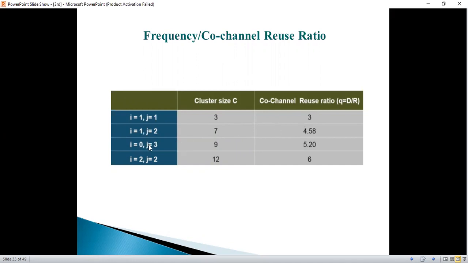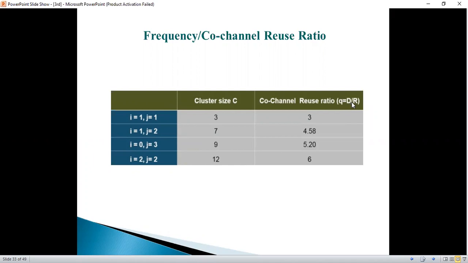For example, if these shift parameters are not given to you, you are just provided with an image, and through that image you will find out the I and J parameters. When you find out the I and J parameters, you will put them into the cluster size formula. When you get the cluster size, then you use the co-channel reuse ratio formula, and you will put that cluster size over here. You will get the co-channel reuse ratio.